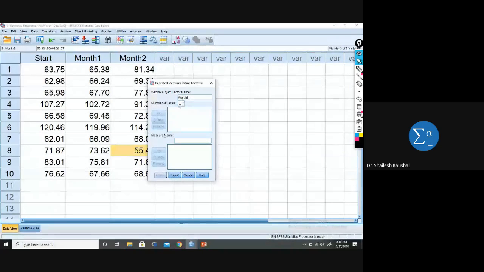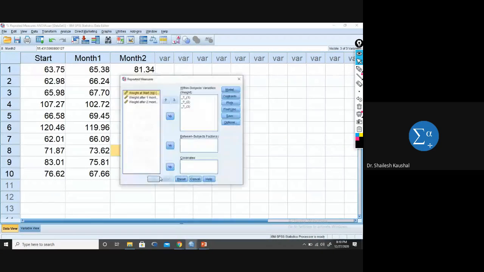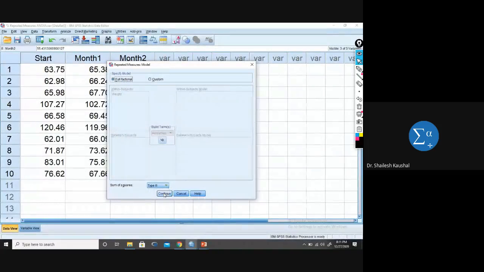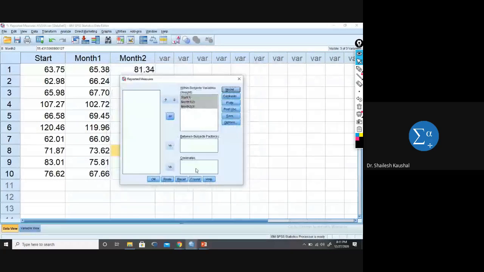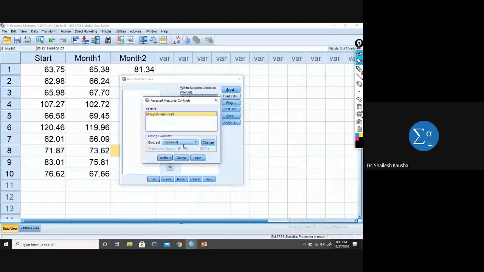So I am writing here 3, and then add. After add, define. I am selecting all the 3 variables and transferring them here. Model, okay, continue.